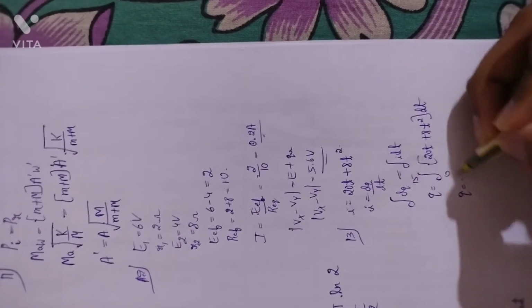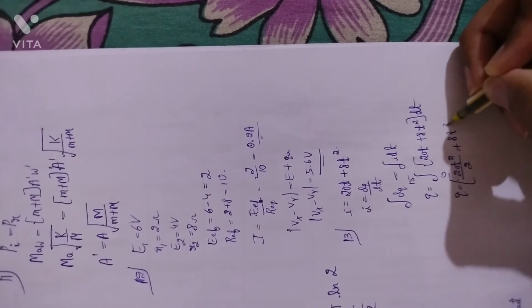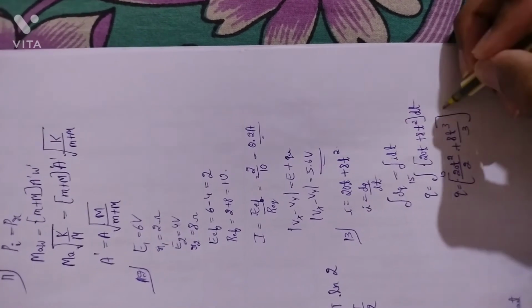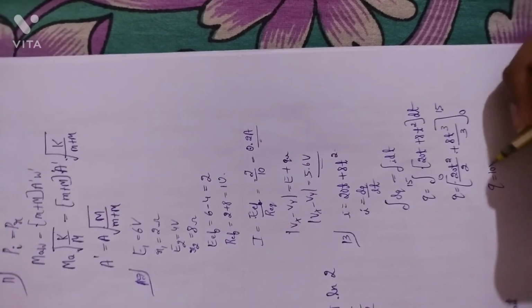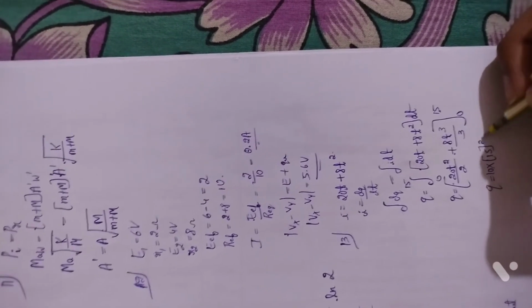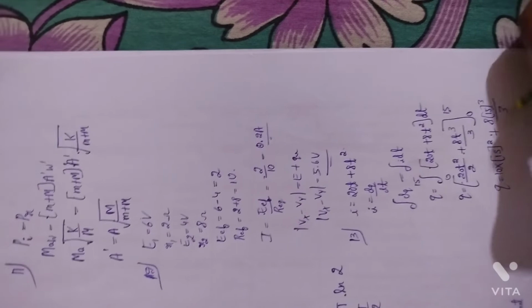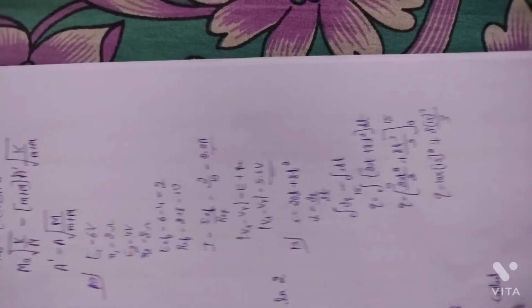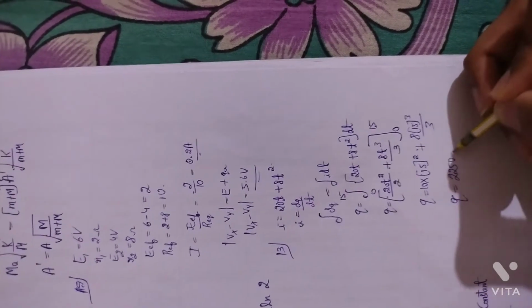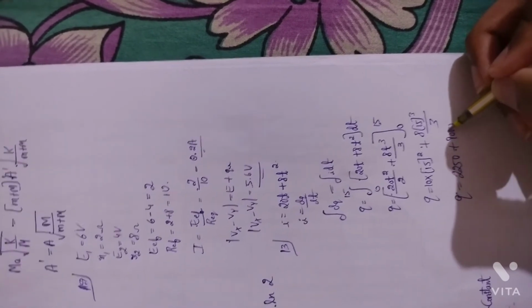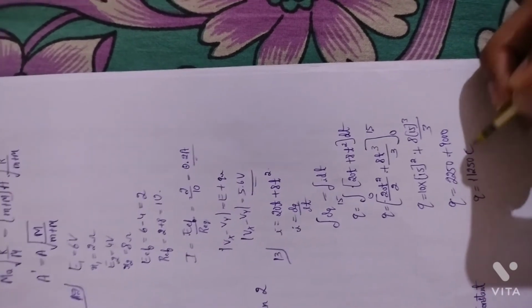Therefore q is equal to 20t square by 2 plus 8t cube by 3, from 0 to 15. q is equal to 10 into 15 whole square plus 8 into 15 whole cube by 3. After solving that we get q is equal to 2250 plus 9000. So the final answer is 11,250 coulomb.